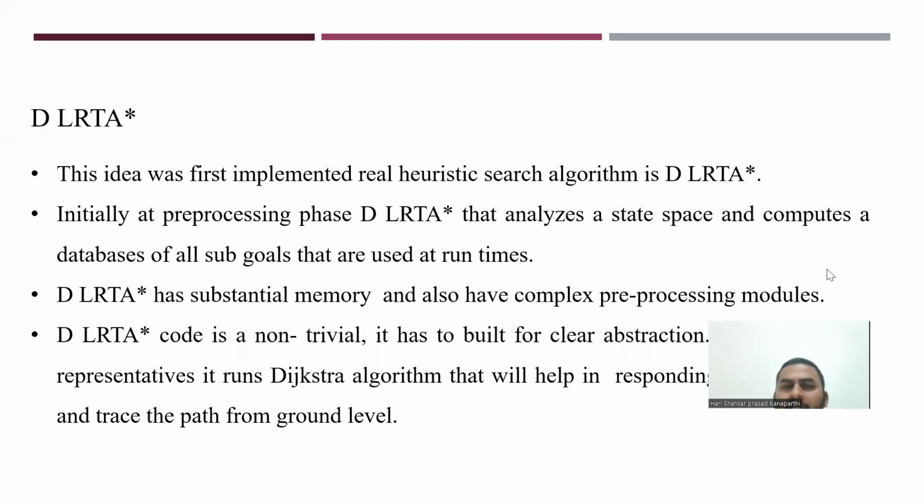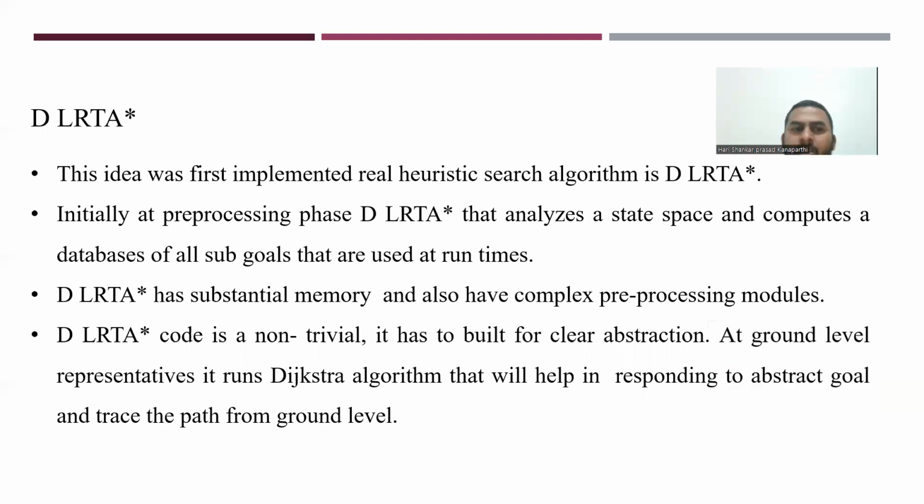When we go for DLRTA-star, the idea was first implemented for a real-time heuristic search algorithm. It was used to analyze the space and compute a database of subgoals. So subgoals are created in a database, and based on the subgoals, the algorithm makes decisions.